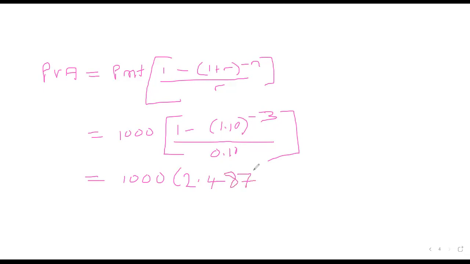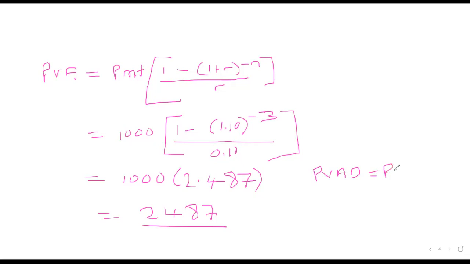When we multiply this one, what are we getting? 2,487. So this is what we call present value of an annuity. So present value of an annuity due will become what?